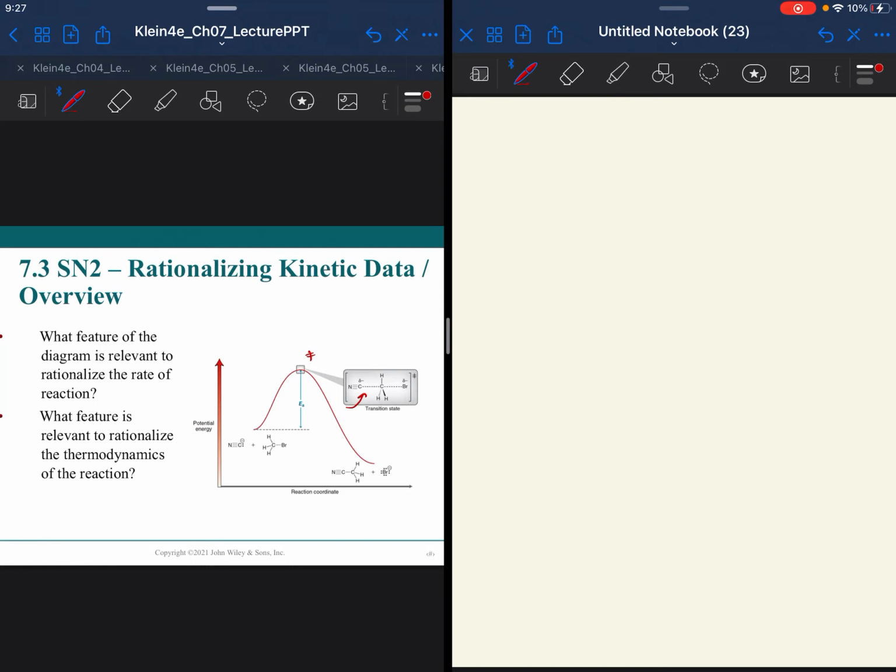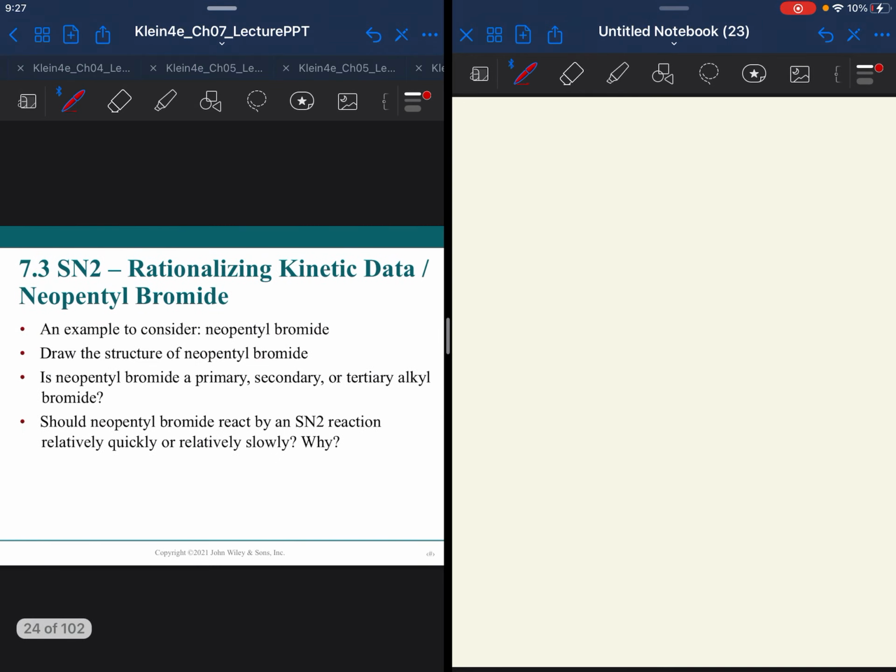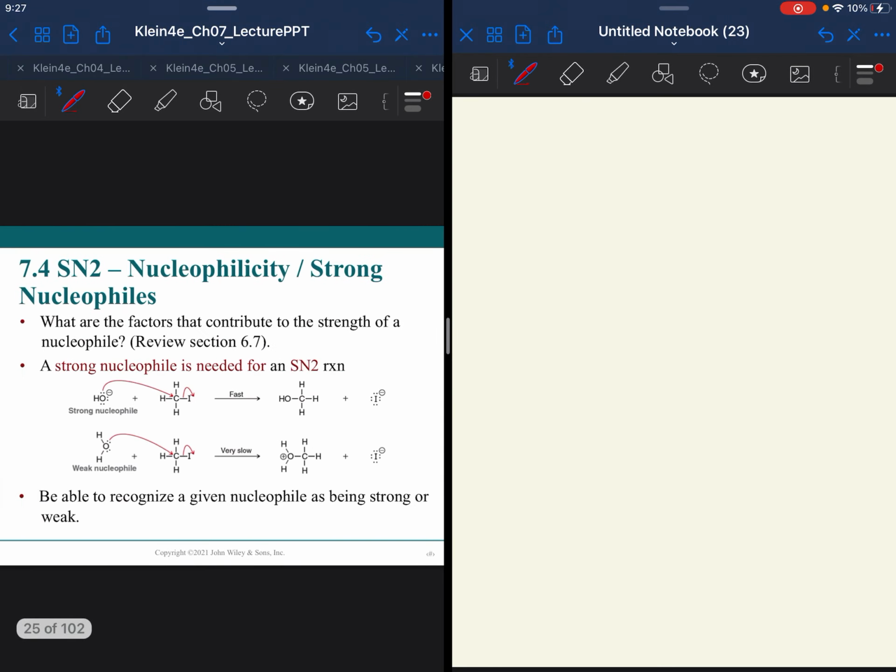There's more electron density repelling that nucleophile. And so when you're comparing methyl, primary, secondary, it's just going to be larger activation energies. Okay, we're going to keep going through there.